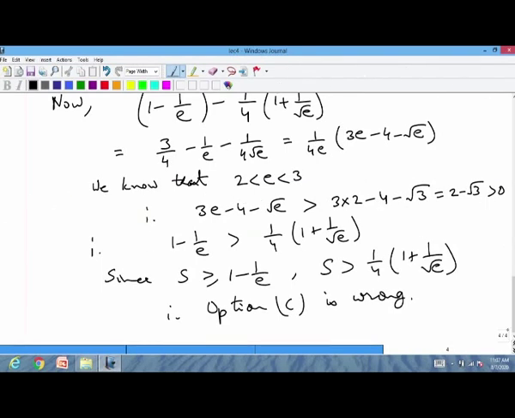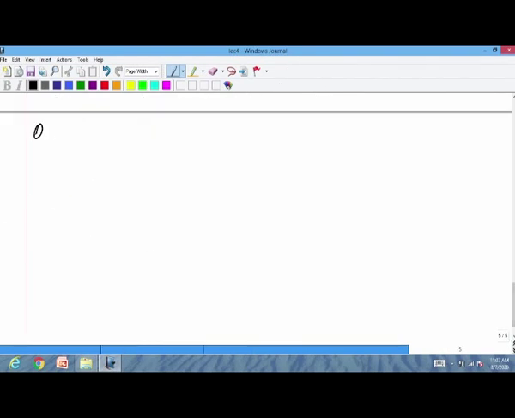Now, let us move to the second problem. Suppose f is given to be a function from the closed interval half to 1 to 0 to infinity.